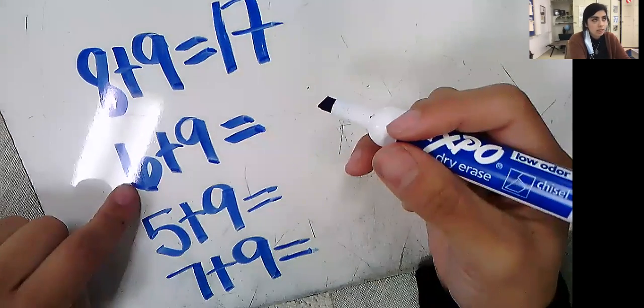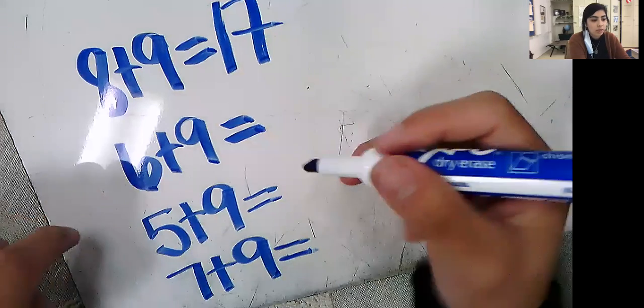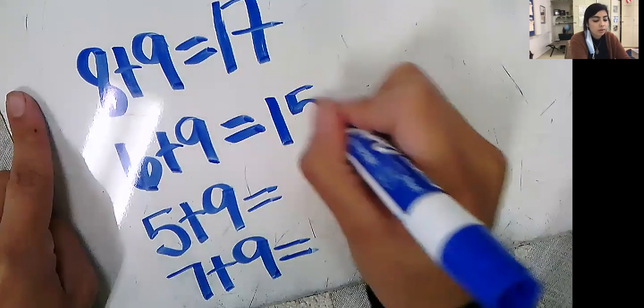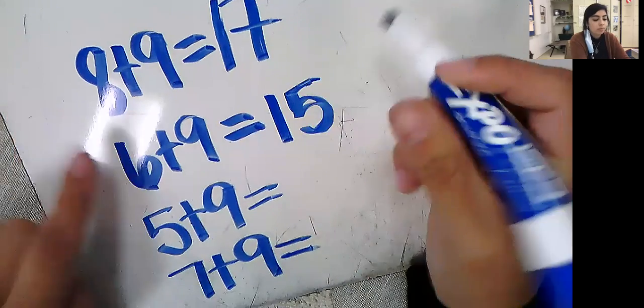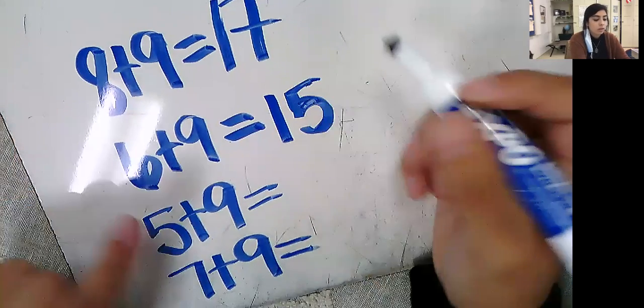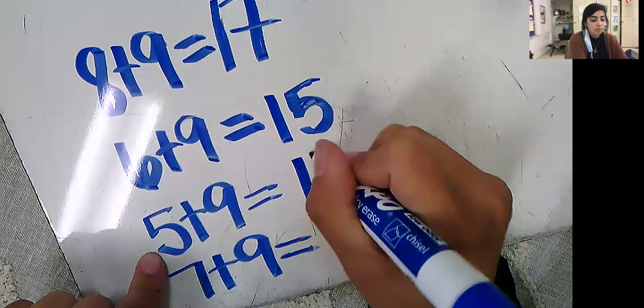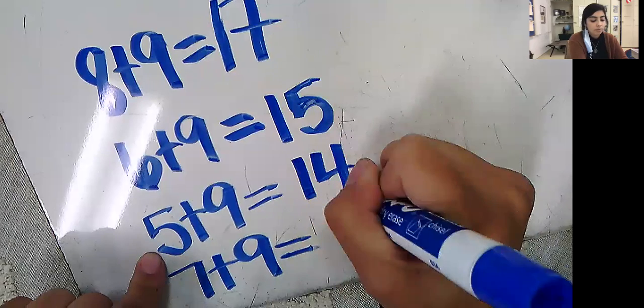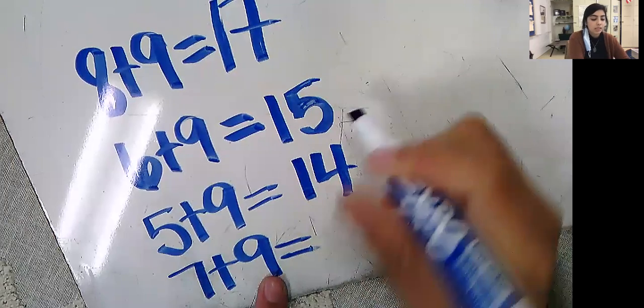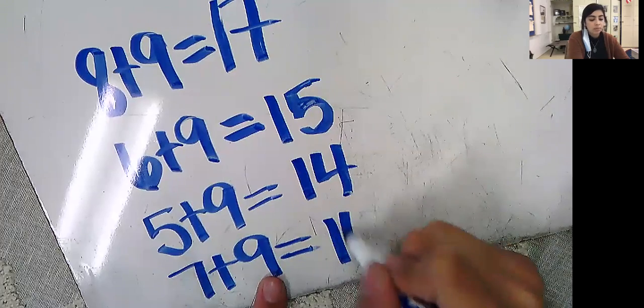So 6 plus 10 is 16 minus 1, 15. So 5 plus 9 is 14. Okay. 7 plus 9 is 16.